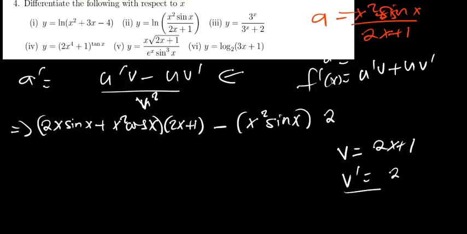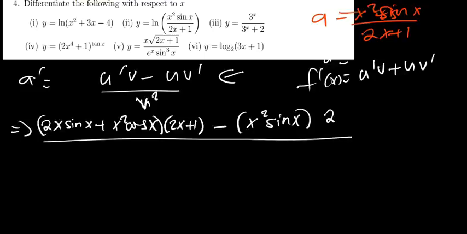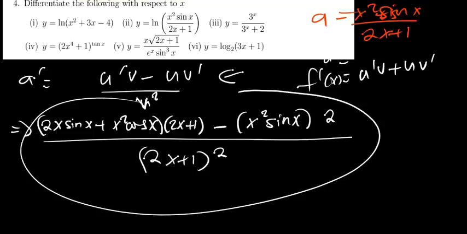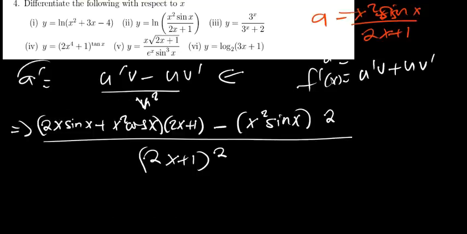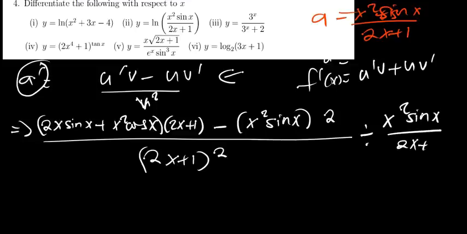This one now, we are dividing by v, which is 2x plus 1, but we square it. Everything that I have here, you should take it to be a prime. I divide this by the original a, so it's the same as dividing by x squared sine x, then 2x plus 1.